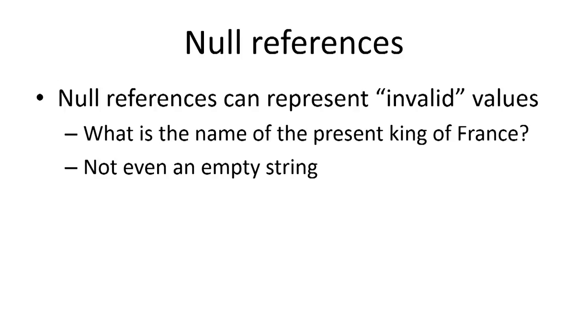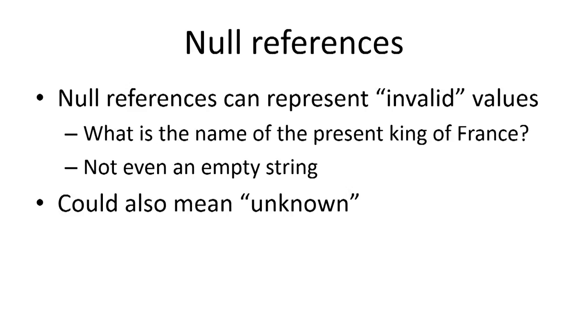But really, is the name of the present king of France something that is 0 characters long? That kind of implies that there is a present king of France when we know that there isn't. So you can use the null value to say there's not even an empty string. There's nothing at all, right? This is the reference that refers to no thing whatsoever.